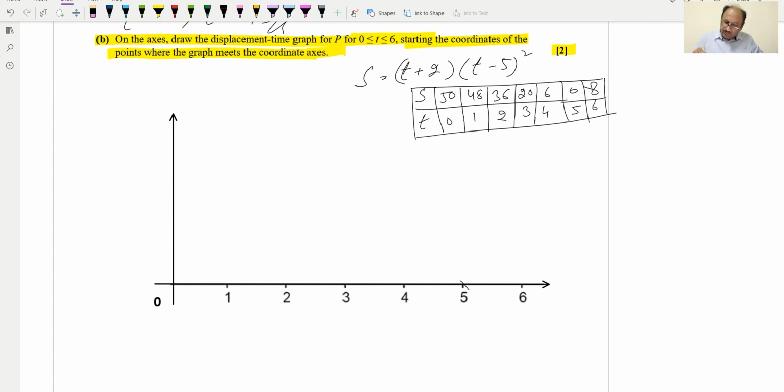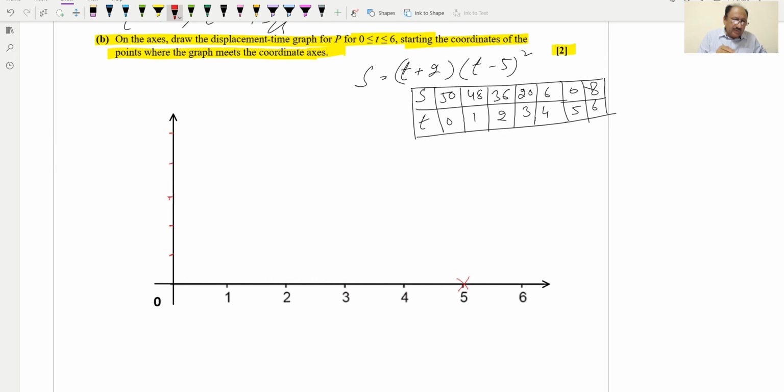If I draw this one like this, so this will be a point, and then 50 we can show on this side. We can take basically the scale like this one: 1, 2, 3, 4 and 5 roughly I'm taking.